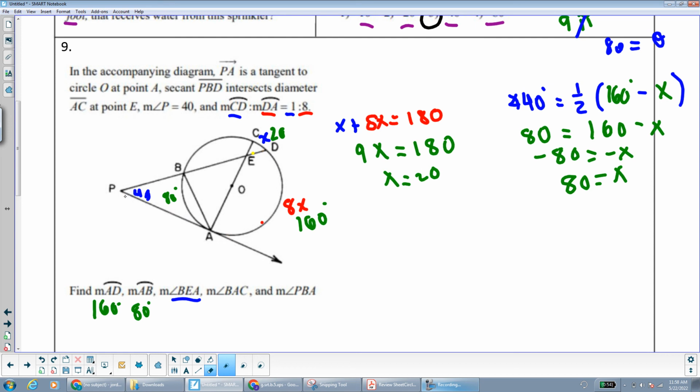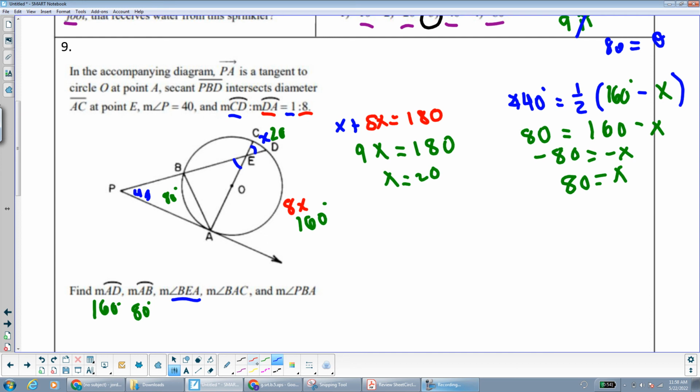There we go. Perfect. All the colors are gone. So angle BEA is right over here, and it's one of the two vertical angles that we see right over here. Those are both congruent. So if we find the measurement of one, we find the measurement of the other.